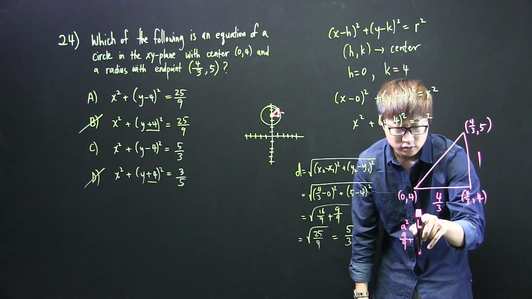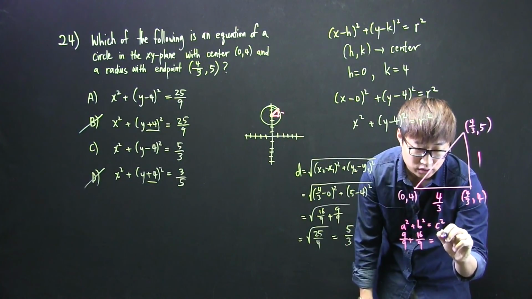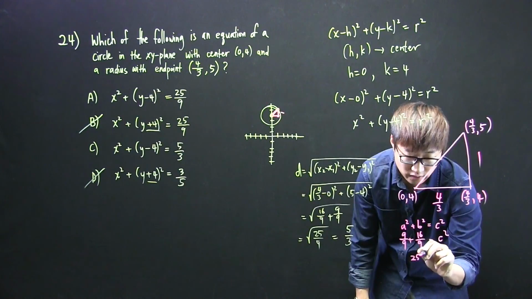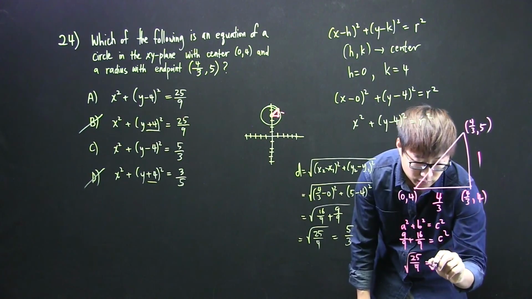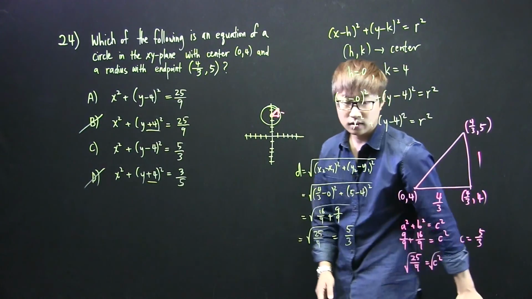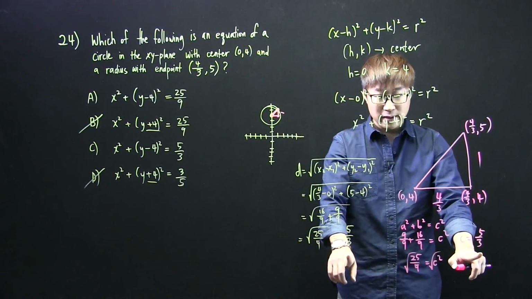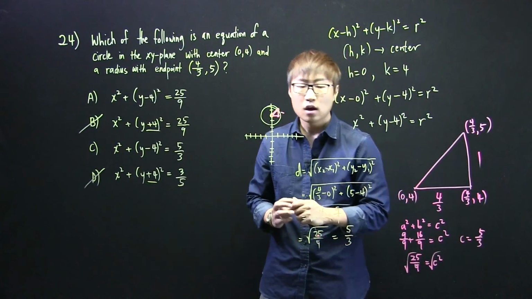And then 4/3 squared, we did that here. It was 16 over 9. So 25 over 9 is c squared. Square root of both sides, c is equal to 5 over 3. It still gives you the same answer, right? 5/3, 5/3.